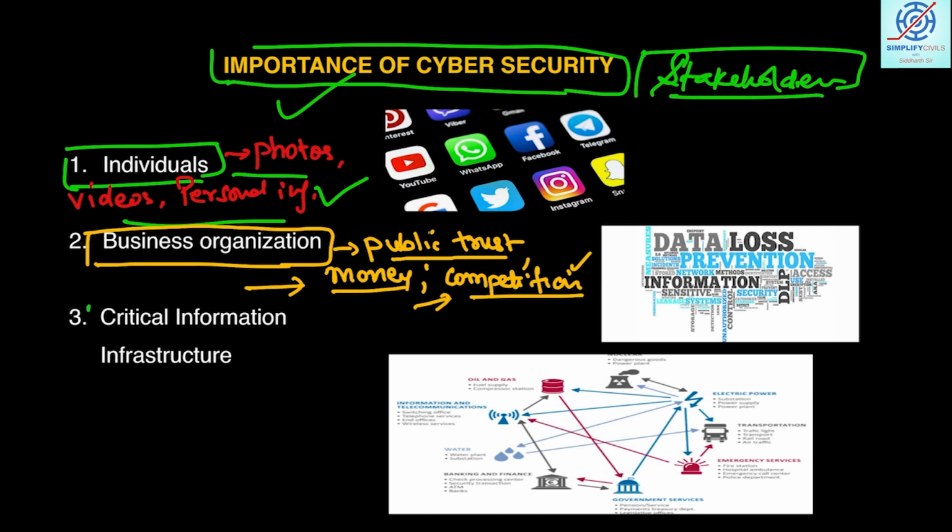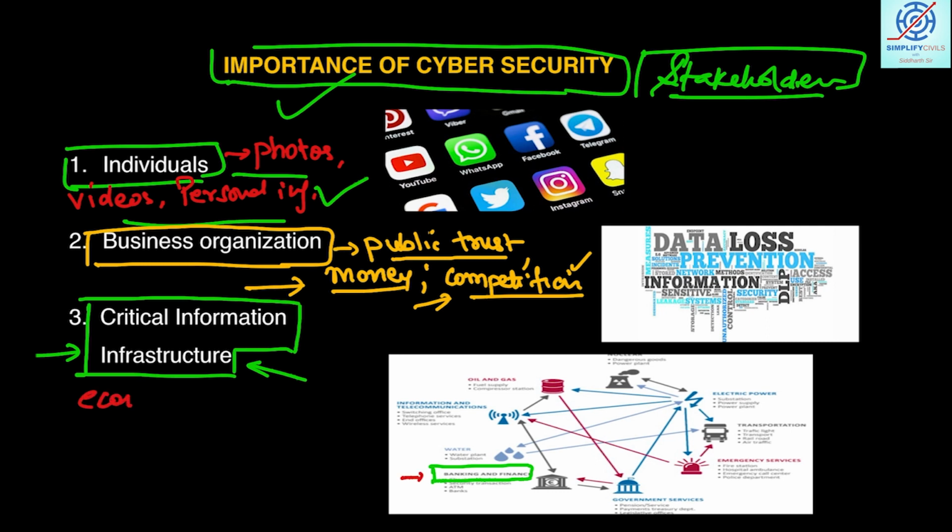When we talk about critical information infrastructure, that is also very important for us. Banking and finance, this can be a potential question and it's a separate question, you know that. Banking and finance is basically critical information infrastructure because our economy is dependent on it.